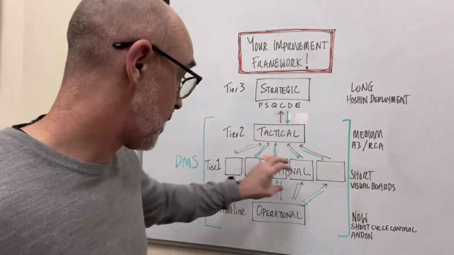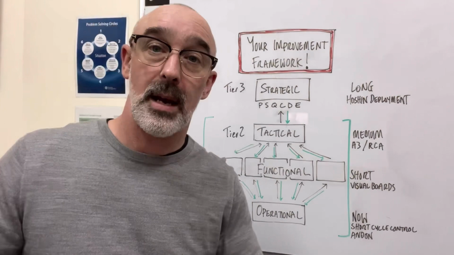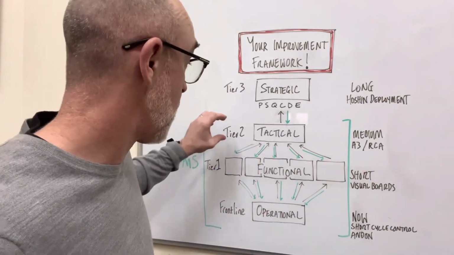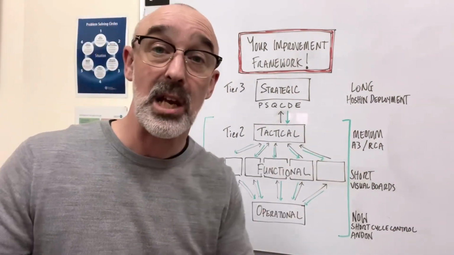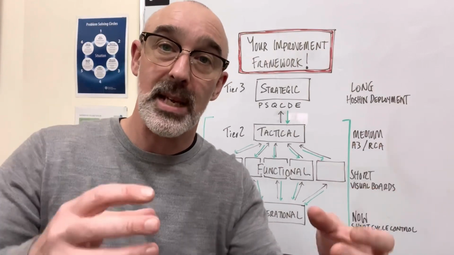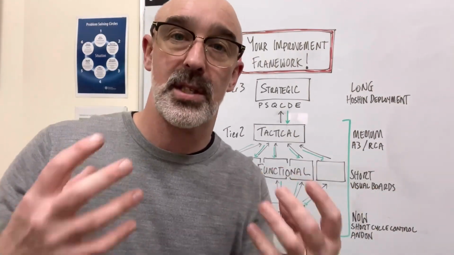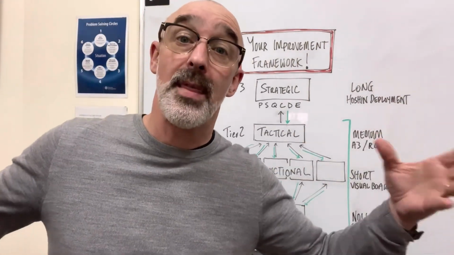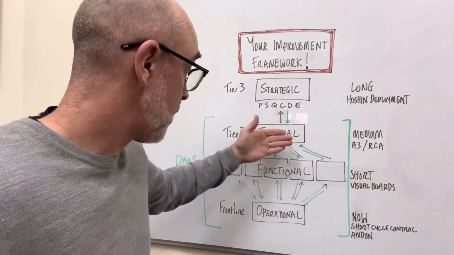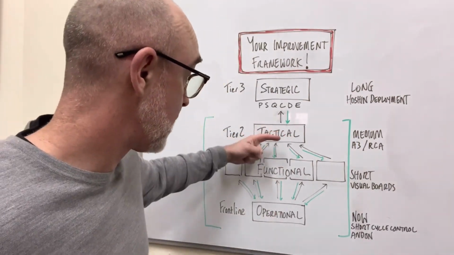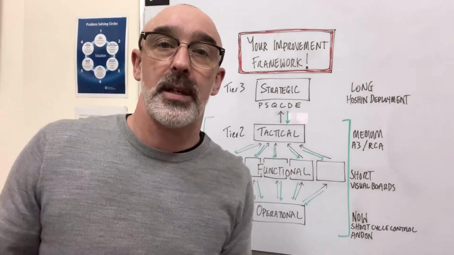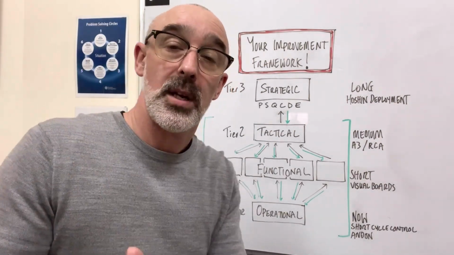Tier 1, which is functional, then flows up to that often site-level view, where functional leaders meet each day, bringing peers together, breaking down the silos and looking at things from a longer term view. The things flowing up from the day to day are often an FYI of communication.